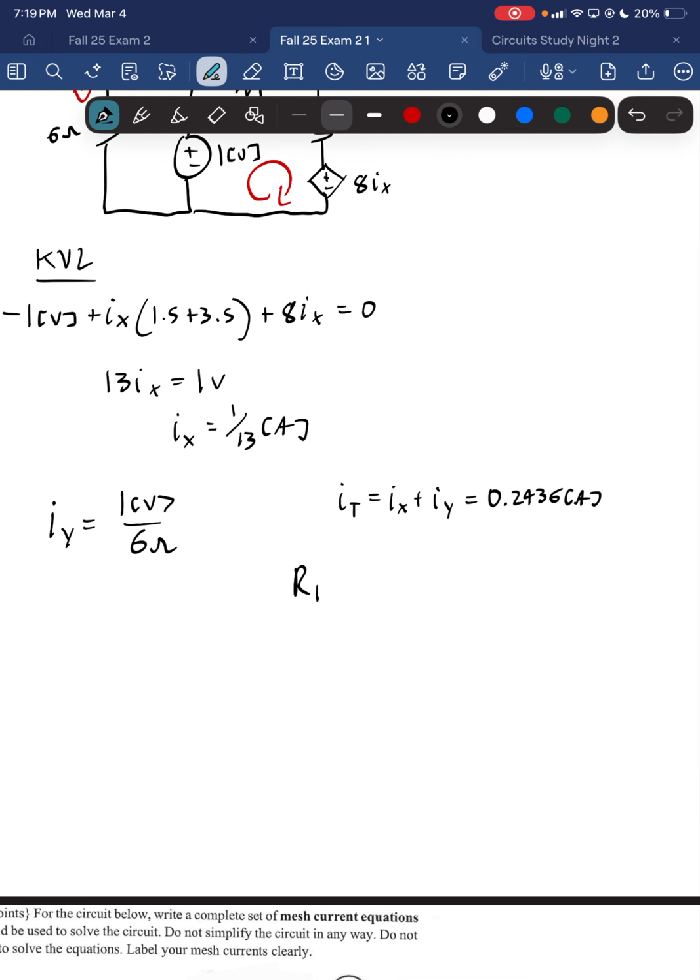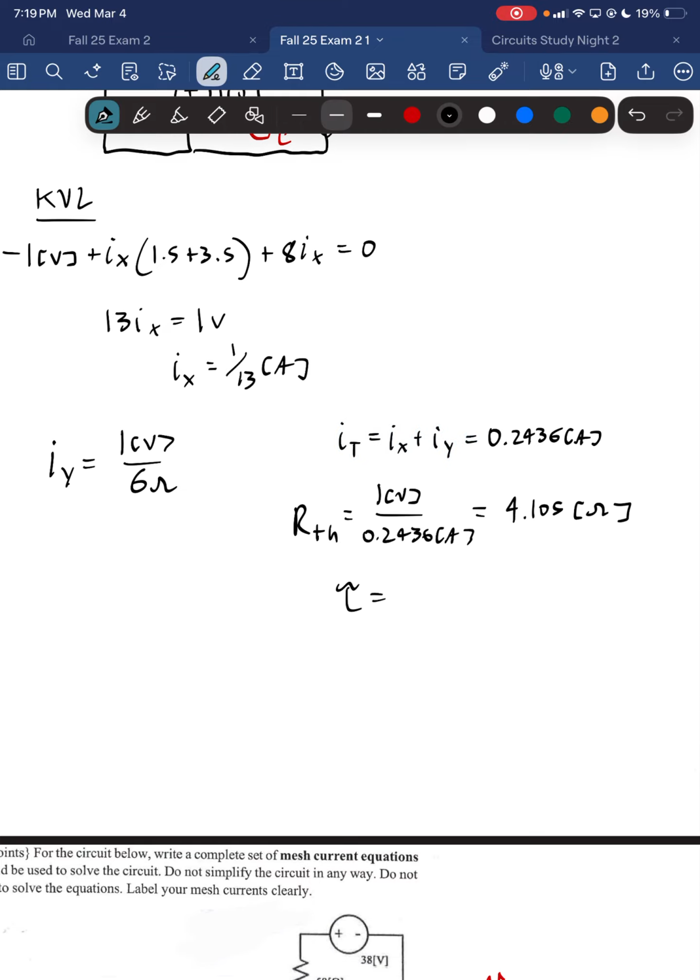And so R Thevenin is going to be the ratio between our voltage and our current, which is going to be 4.105 ohms. And so our time constant for this equation is R times C, where our C is 3 farads. So our time constant is going to be 12.32 seconds.